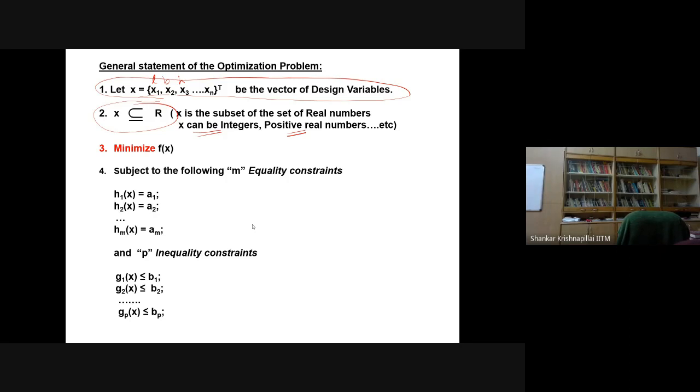Then you have to specify whether you want to minimize f of x or maximize f of x. So in this case, we say we want to minimize.